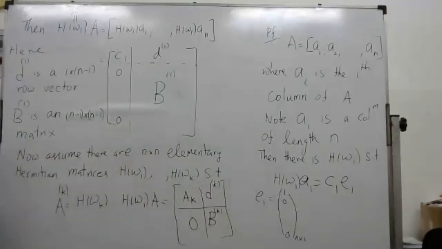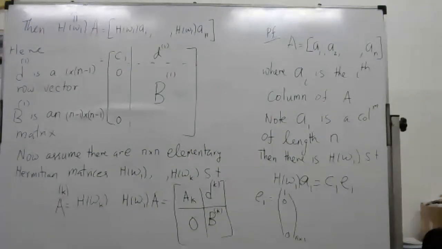Suppose we have computed n cross n elementary Hermitian matrices H omega 1, H omega 2, up to H omega k, such that when you multiply A by those in that order, you get a matrix which can be blocked into four blocks.